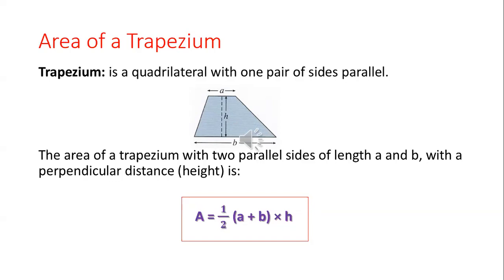B is the downside and A is the upper side, as you see here in the picture. Okay, boys, clear? Abdullah, let's read.